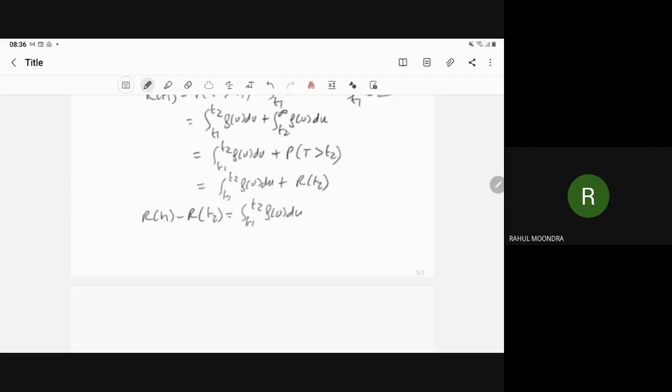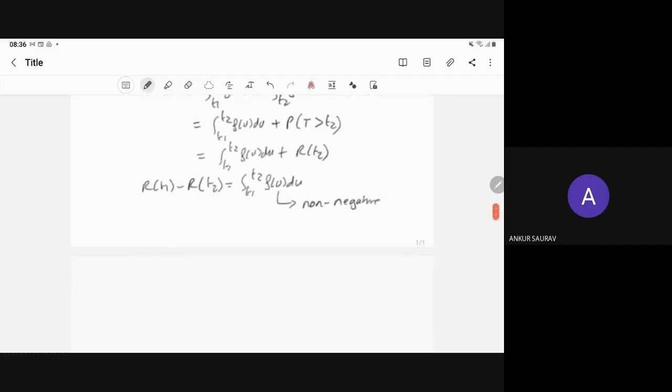And what is the nature of the f pdf? Non-negative. Yes, it is always non-negative, right? So this integral will be greater than or equal to 0.